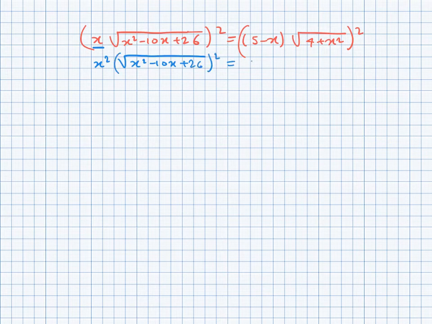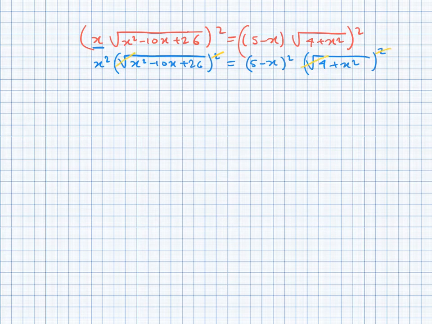So we're applying the index law: 5 take away x, everything to the power of 2, and 4 plus x to the power of 2, everything to the power of 2. What's going to happen is this power and this will cancel out, and this and this will cancel out.